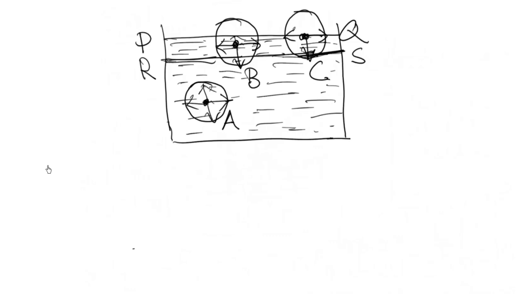Okay, this is for today. In the next lecture, we shall discuss the surface energy of the liquid and the angle of contact if a solid comes into contact with a liquid, and then we shall discuss capillarity.